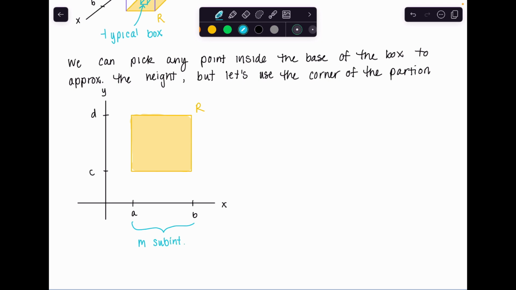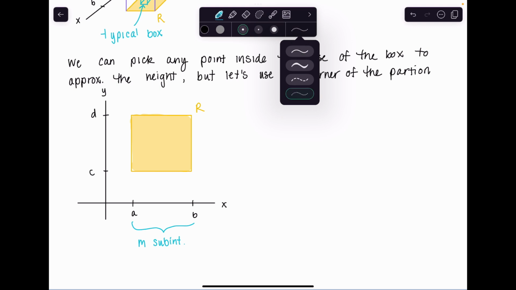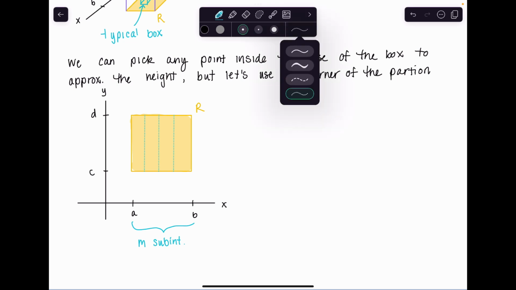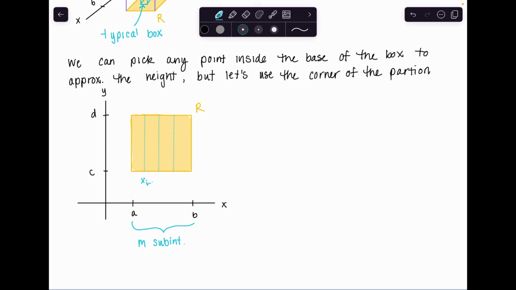I don't know how many subintervals it is, we'll just do a couple. But again, they're all going to be equal length. So this particular interval would be x sub i minus 1, and then it ends at x sub i.